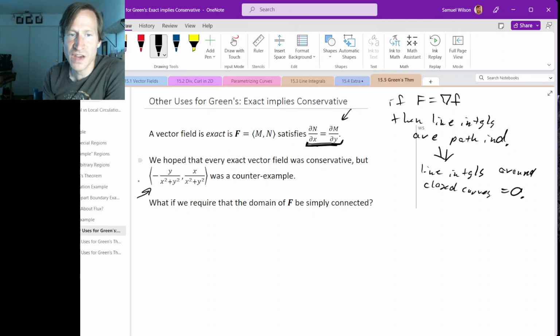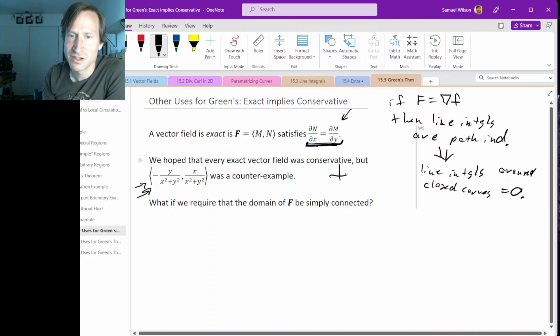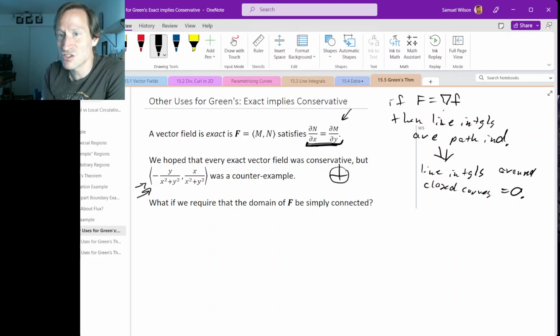Okay, but for this vector field, if you just integrate around, say, a unit circle, you don't get 0. So this vector field isn't conservative, even though it satisfies this equation.